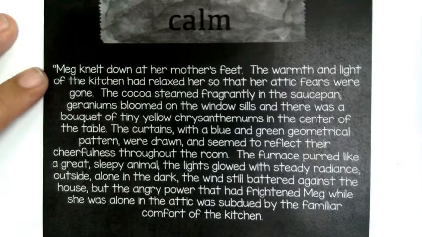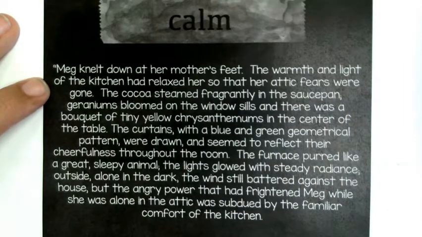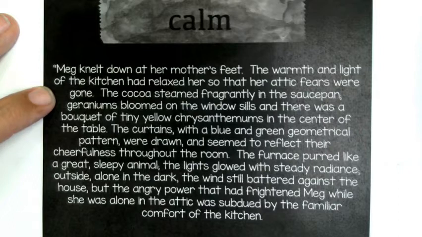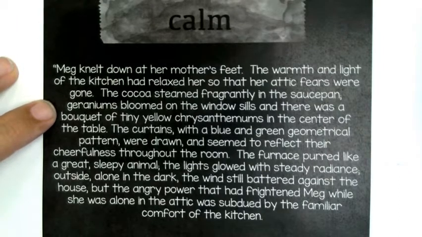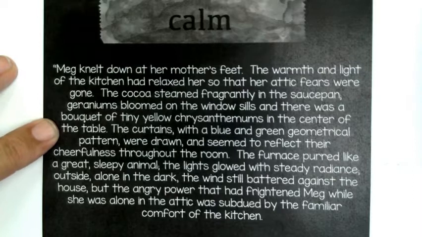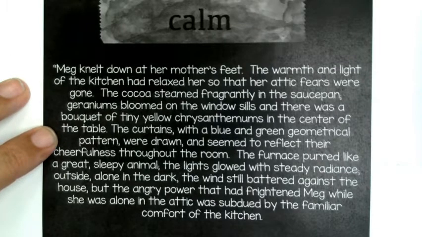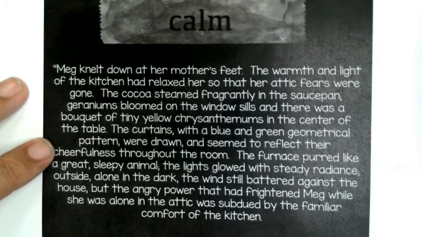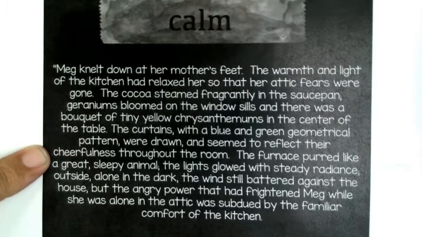Meg knelt down at her mother's feet. The warmth and light of the kitchen had relaxed her so that her attic fears were gone. The cocoa steamed fragrantly in the saucepan. Geraniums bloomed on the windowsills, and there was a bouquet of tiny yellow chrysanthemums in the center of the table. The curtains with a blue and green geometrical pattern were drawn and seemed to reflect their cheerfulness throughout the room.